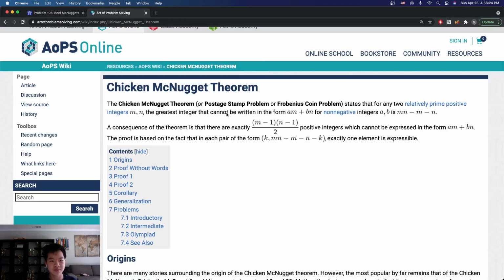According to the chicken McNugget theorem, for any two relatively prime positive integers m and n, the greatest integer that cannot be written in the form of am plus bn for non-negative integers a and b is mn minus m minus n.